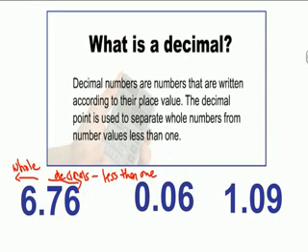Okay, so in our examples here, 6 is a whole number and 1 is a whole number. Okay, and then 0.76 is less than 1, that's on the decimal side. 0.06 is on the decimal side, and 0.09 is on the decimal side.